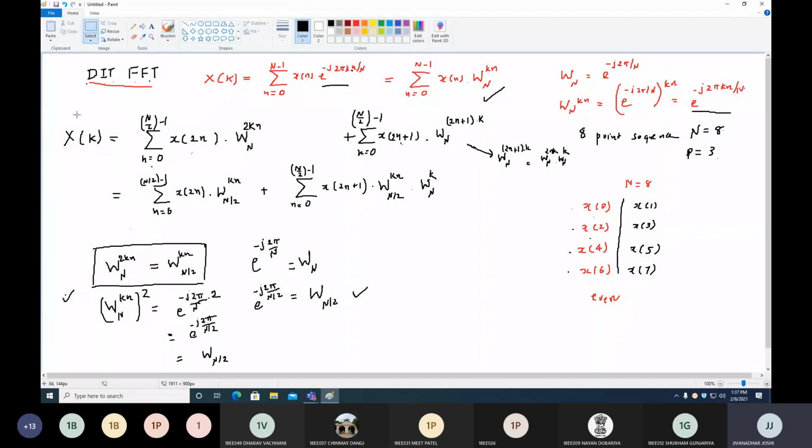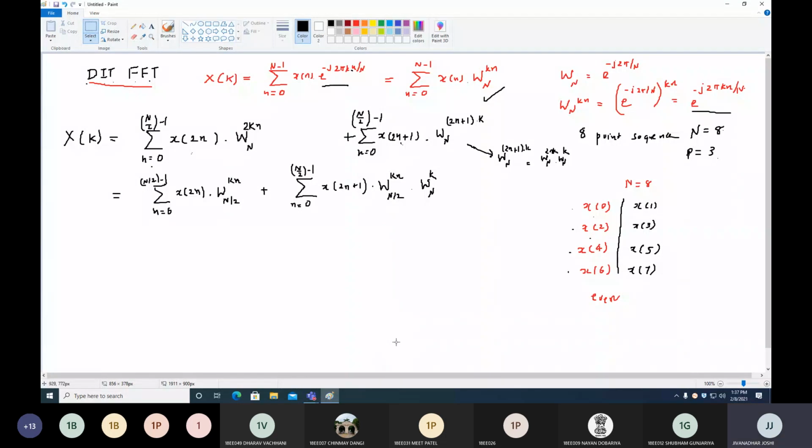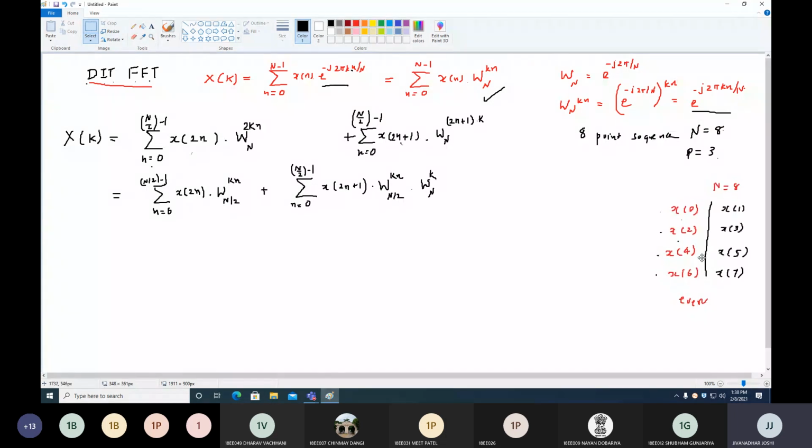Let me remove this part, and let me remove this also. Let me put it somewhere else. Okay.